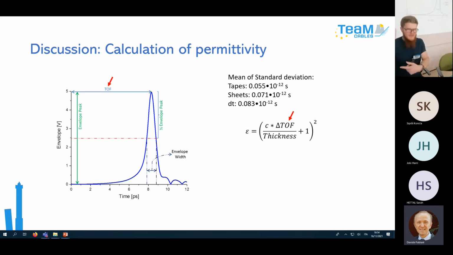We are working on that too. So not all the points are acceptable for your measurements because you are not perpendicular in every part. That's why we built the sample holder, to keep the cable perfectly perpendicular and at the same distance. But that's why we are at the moment using just one or two measurements per cable instead of scanning the whole cable. We hope it will be possible in the future because we are working on that.